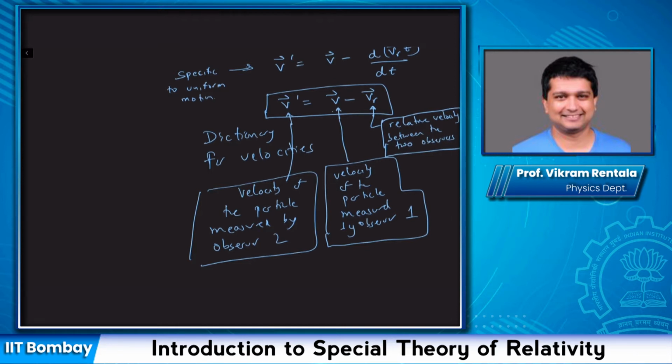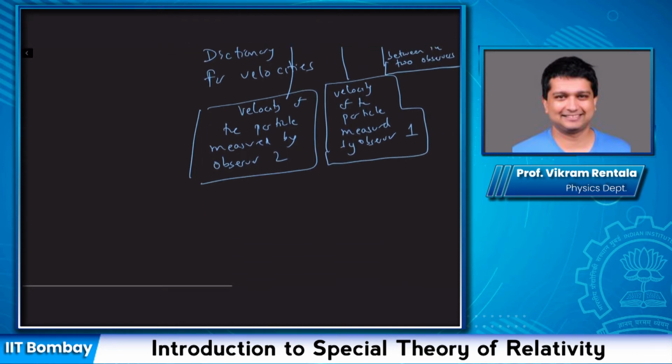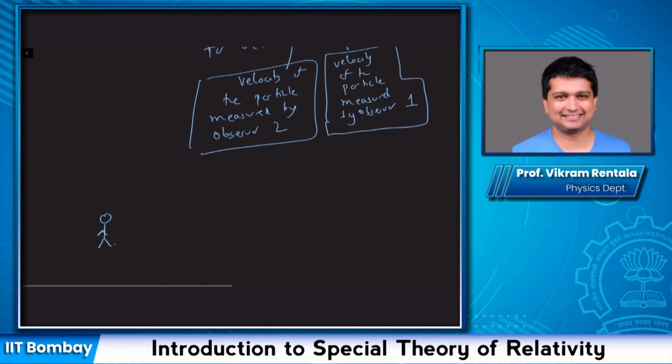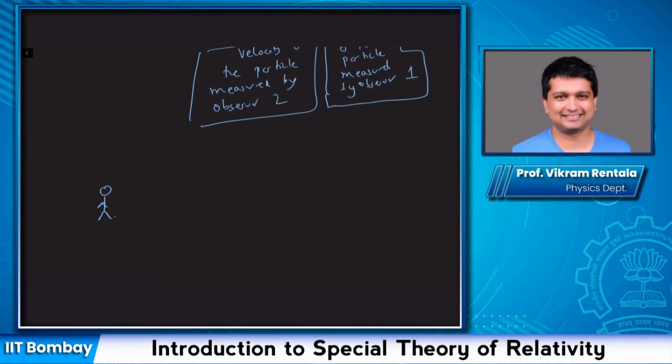Now let's understand this a little more intuitively. Okay, let's suppose you are observer 1 and you are standing over here, and you have a friend who is in a car, and she is driving it to the right at a speed of 30 kilometers per hour.